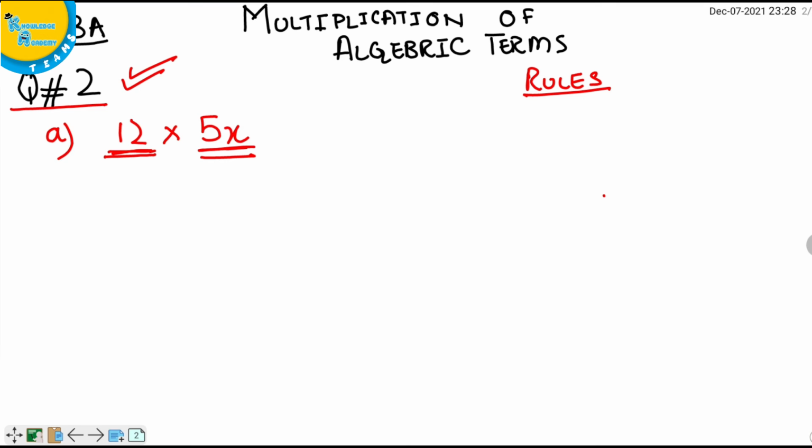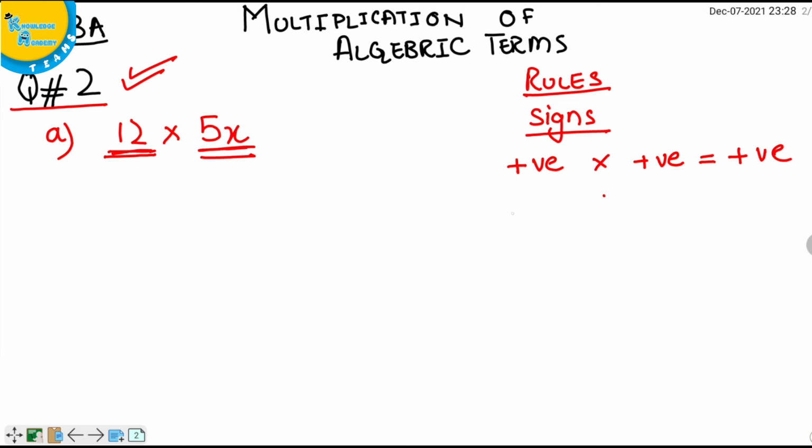The first thing in multiplication of algebraic terms that we have to keep in mind is what happens to the signs. If one term has a positive sign and the other term has a positive sign as well, the sign of the answer will be positive.